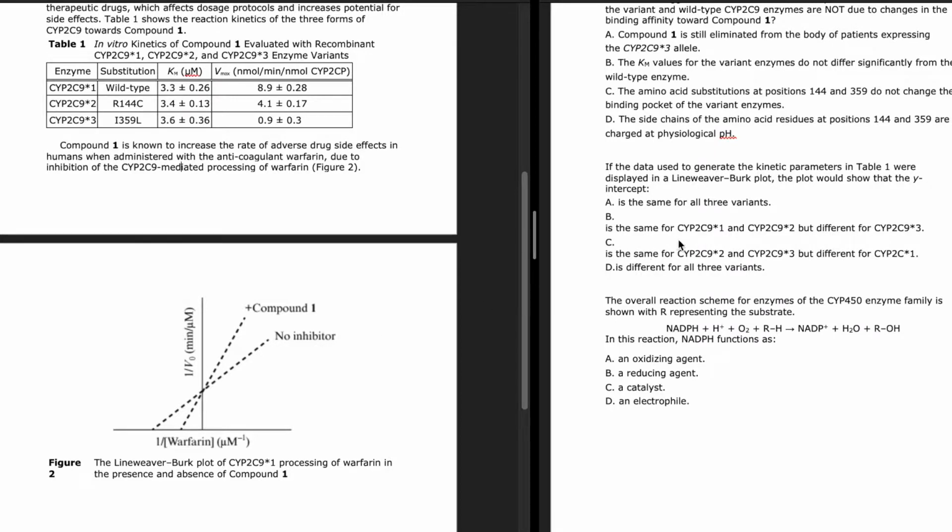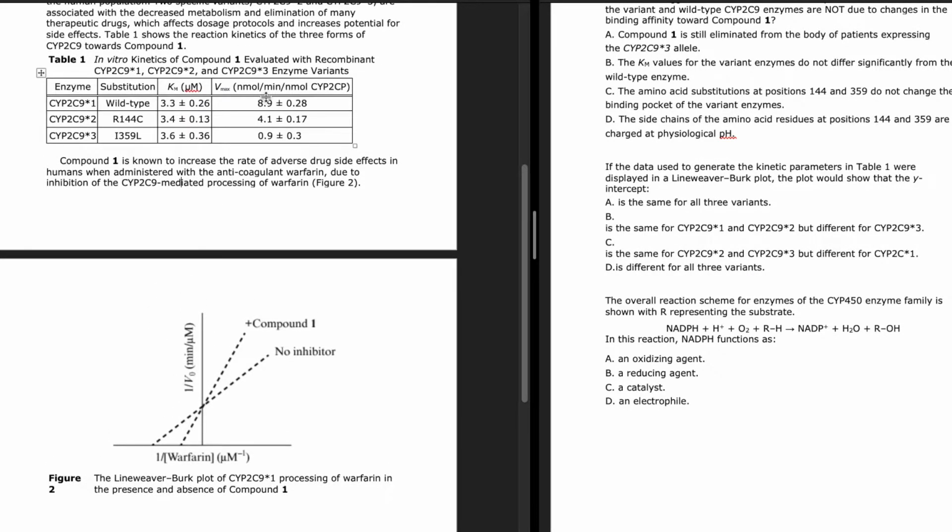Now, this question is only asking about the y-intercept, and I can see that the y-intercept here is 1 over Vmax. So if I go over to table 1, I see that I have 3 different Vmax values. So if I take 1 over those, sorry, 3 different 1 over Vmax values, so 3 different y-intercepts.